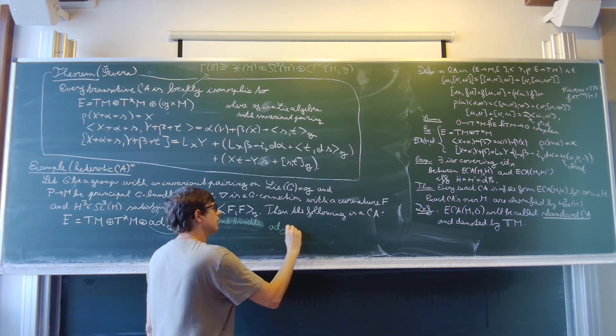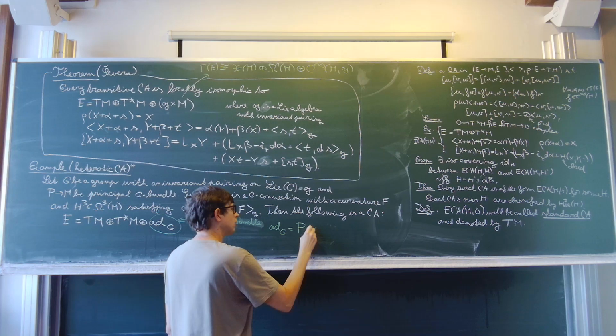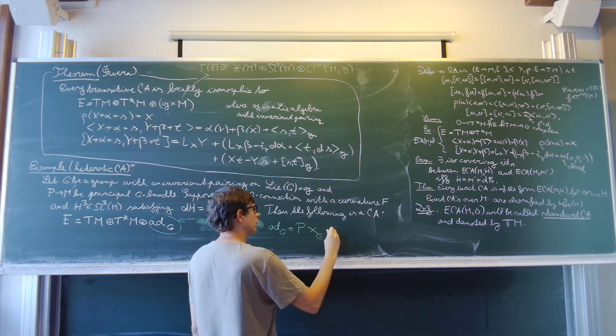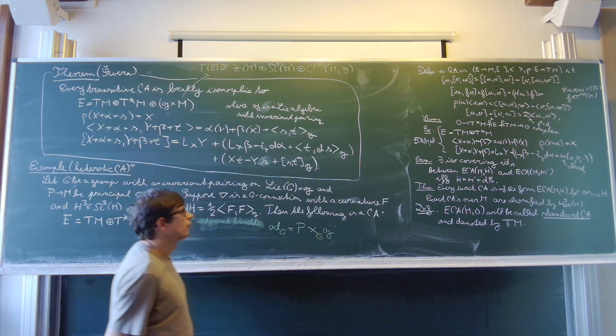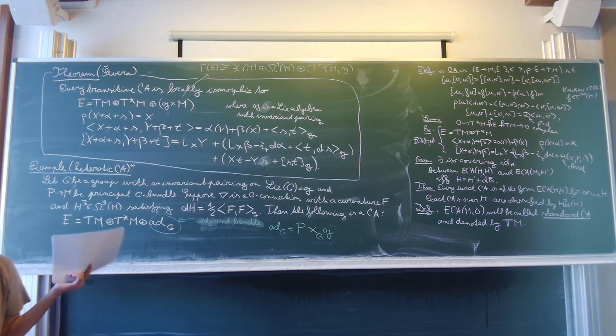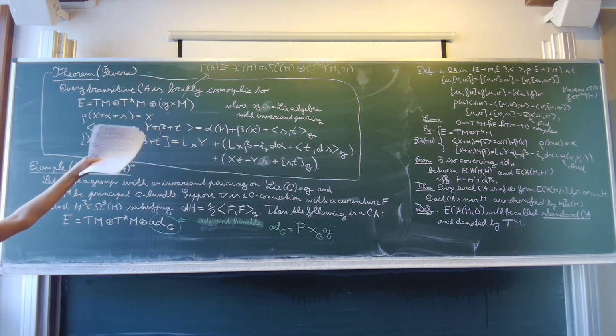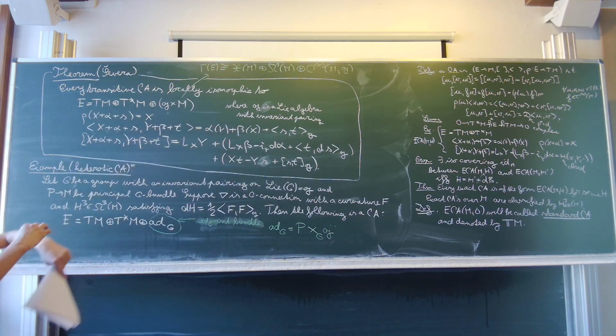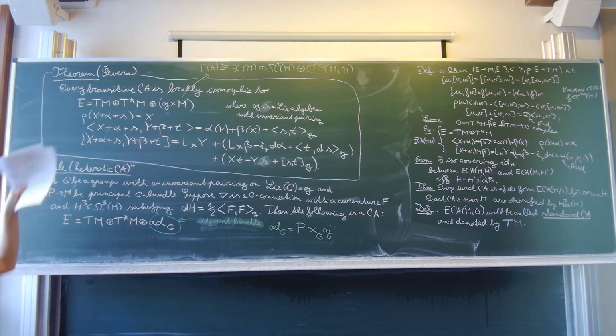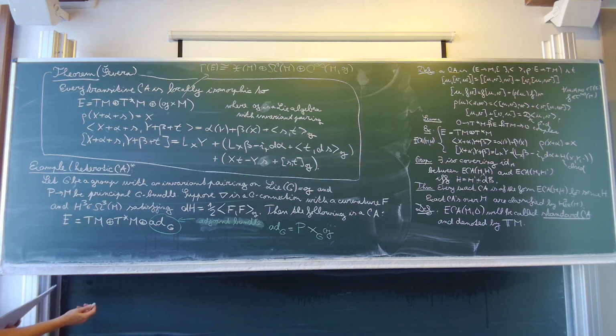More specifically, this thing is the associated bundle corresponding to the adjoint representation of the Lie algebra. So it's sort of a version of that where locally this thing looks like that, but globally there's some interesting patching maybe.